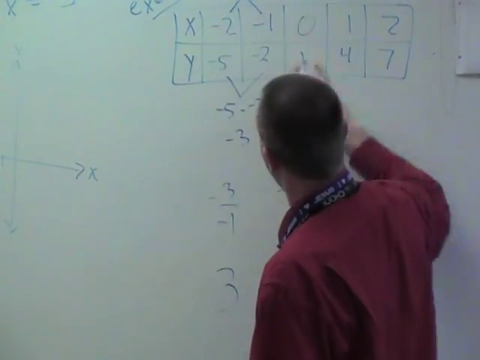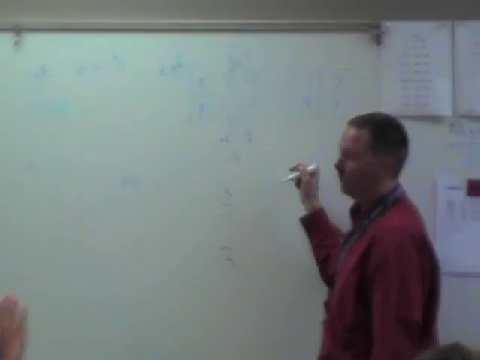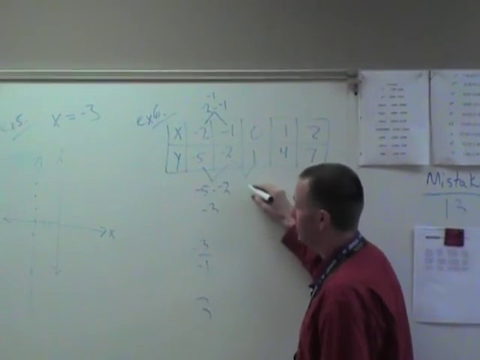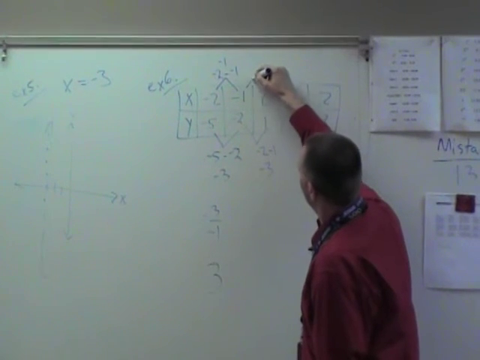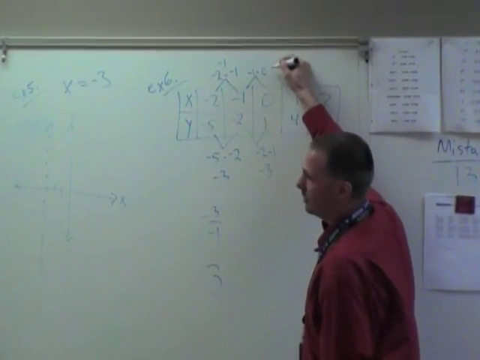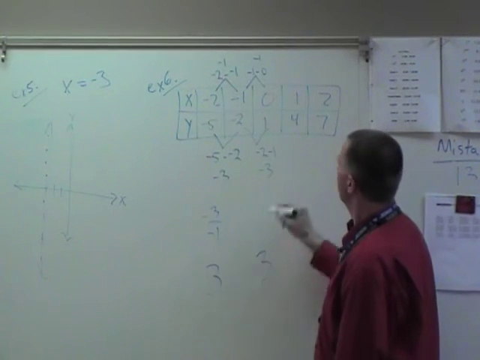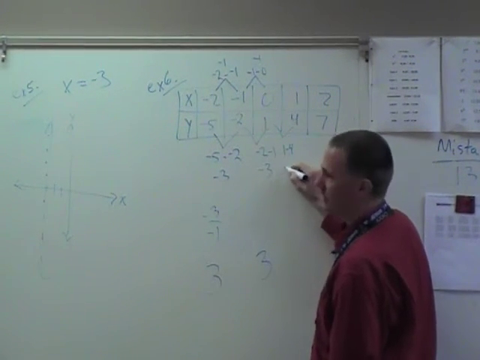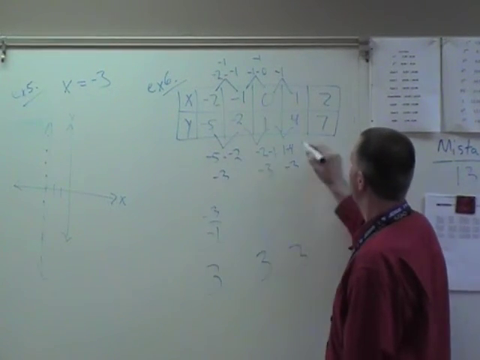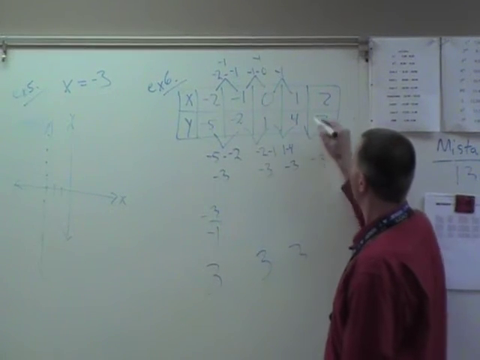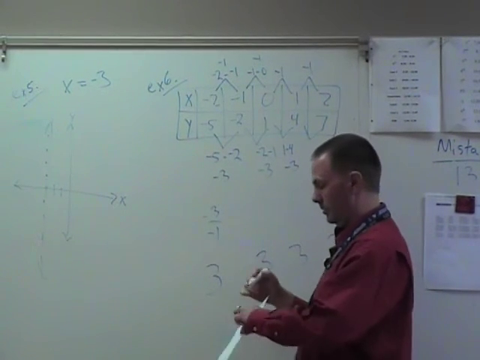Now wait, you're not done. You have to verify that it's the same for all of them. What's -2 minus 1? -3. What is -1 minus 0? -1. What is -3 over -1? 3. 1 minus 4 is -3. 0 minus 1 is -1. -3 over -1 is 3. 4 minus 7 is -3. 1 minus 2 is -1.